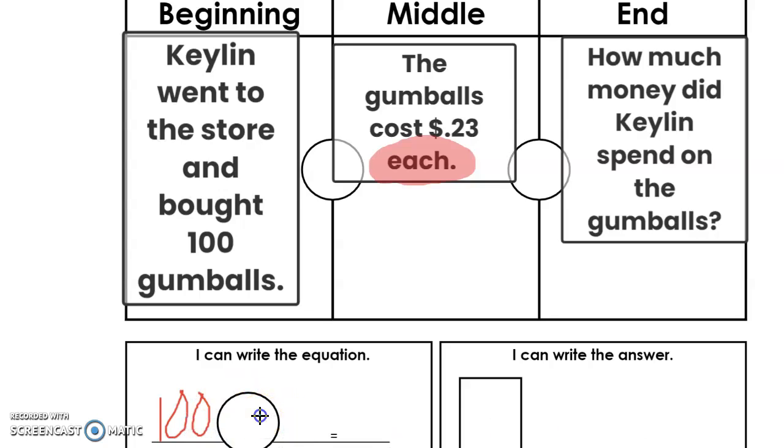And then my operation symbol is going to be for multiplication, times. And then the second number is 23. So 100 times 0.23. So let's take this over to the whiteboard. Oh, I don't like that. That's writing ugly. And you guys know Miss Fowler is a stickler.